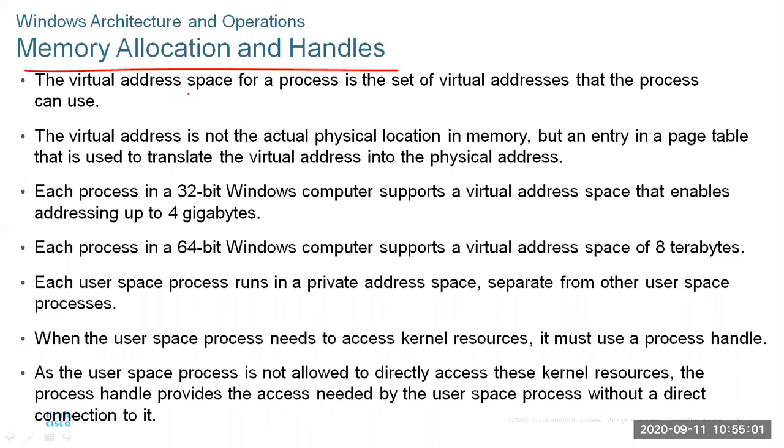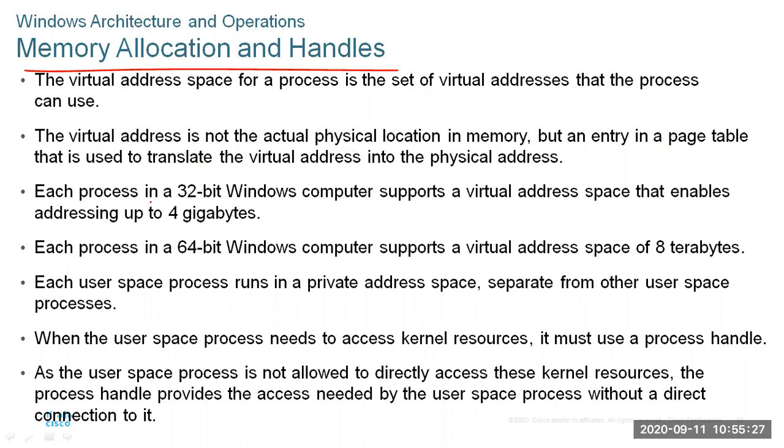So the virtual address space for a process is the set of virtual addresses that the process can use. The virtual address is not the actual physical location in memory, but an entry in the page table that is used to translate the virtual addresses into physical addresses.